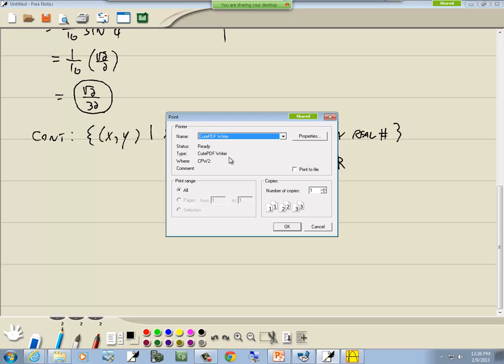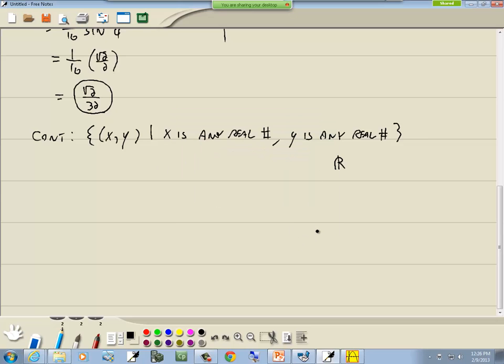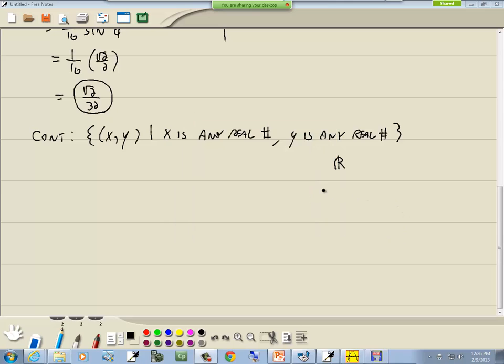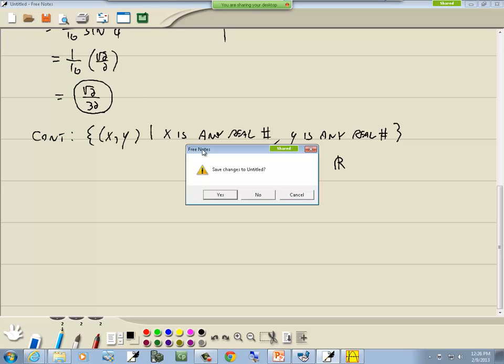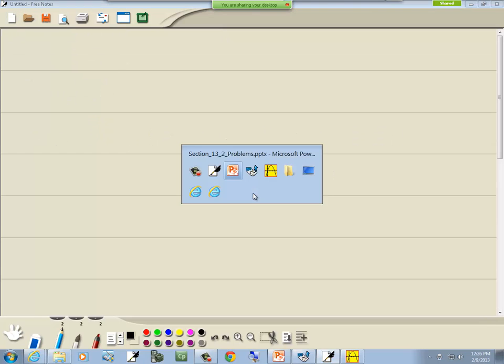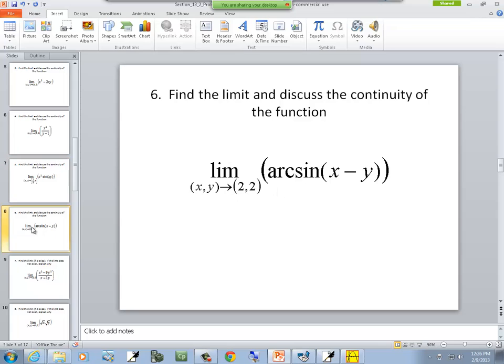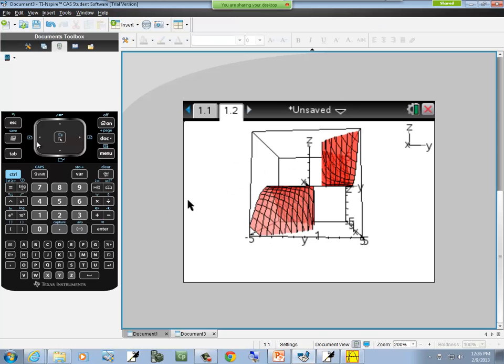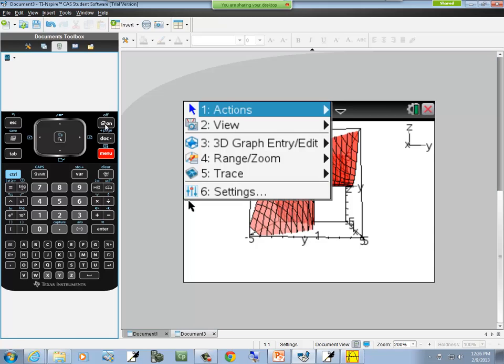Let's save this. It's pretty disappointing on that first graph. I couldn't get that calculator to graph that one. Oh, let me try this one, because I'm just curious now. Okay, so if I press menu, it'll take me, oops, sorry, I lied to you, home.